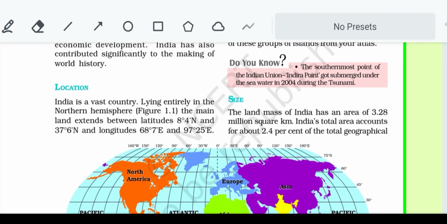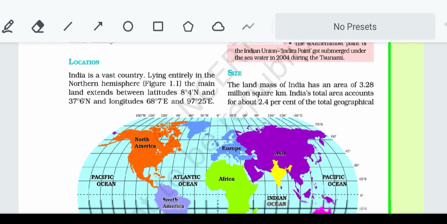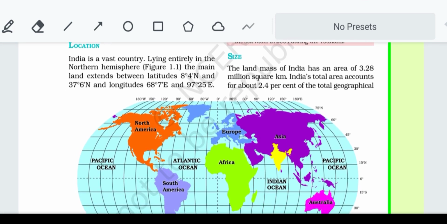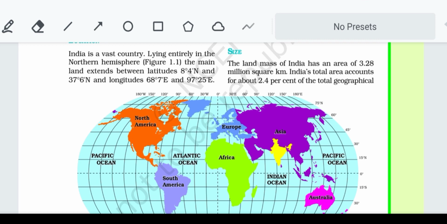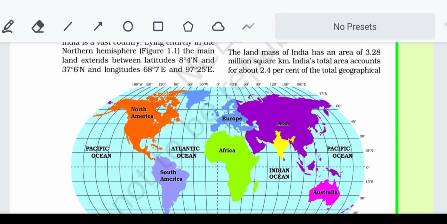Now we will know about the location of India. The land extends between latitude 8 degree 4 north and 37.6 degree north and longitude 68.7 degree east and 97.25 degree east.